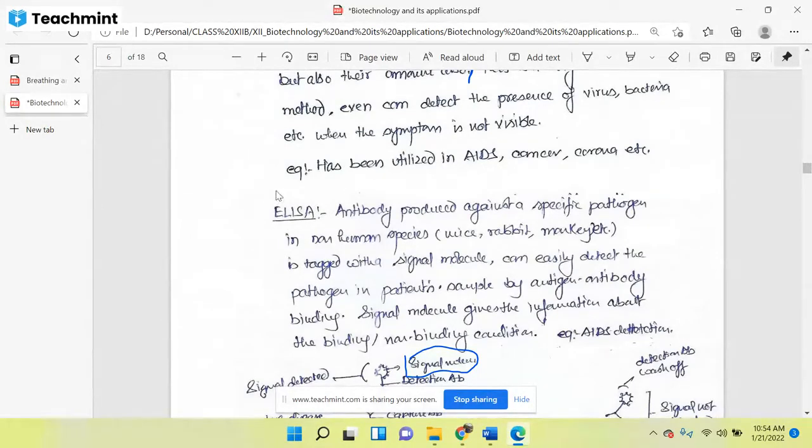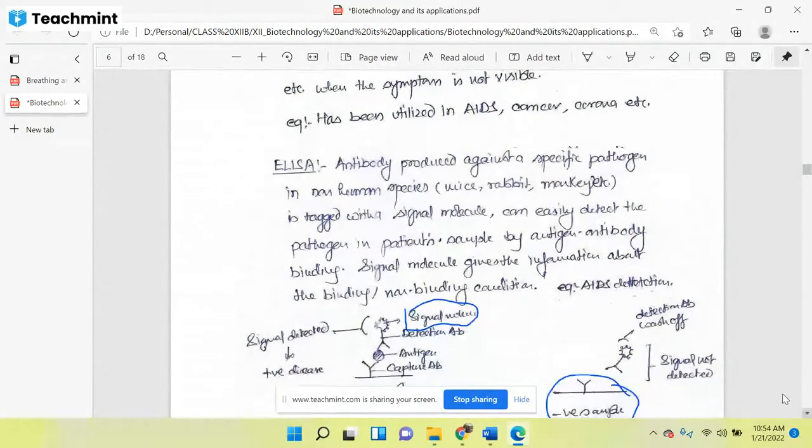Okay, enzyme linked immunosorbent assay, you will have to remember the full form of ELISA, and its application. Although ELISA is applicable in different diseases, mostly we are using this ELISA in case of detection of AIDS. So in case of AIDS disease, we are preferably using this ELISA.